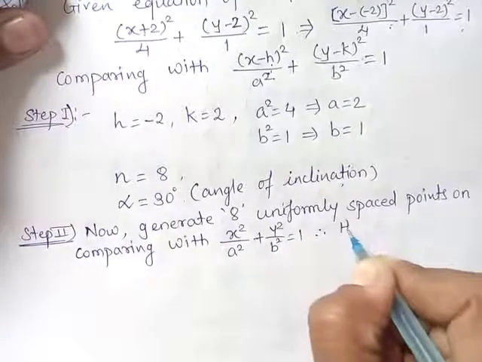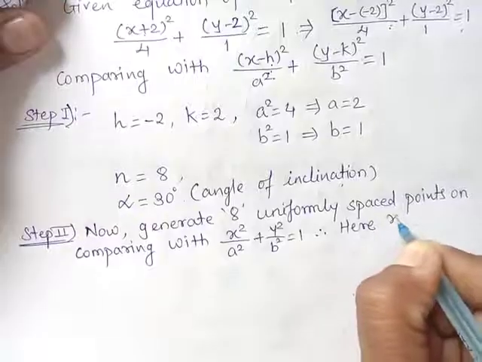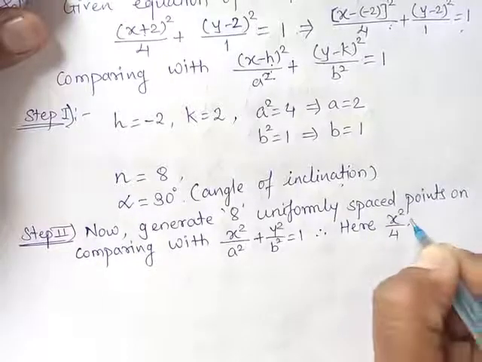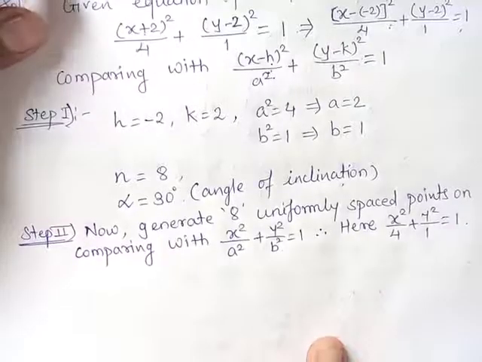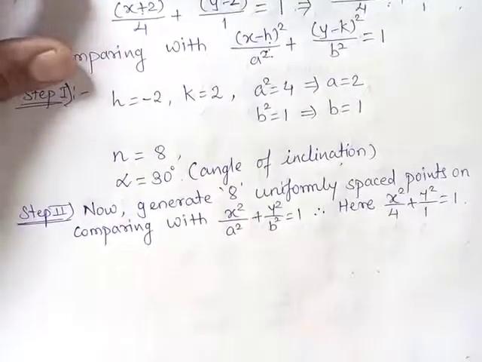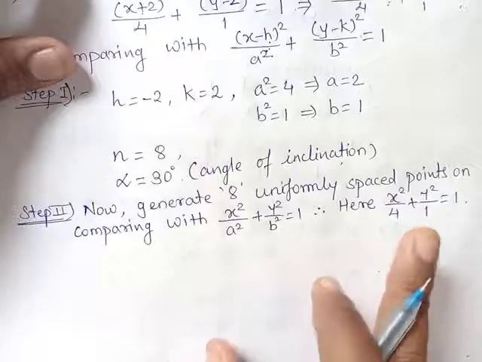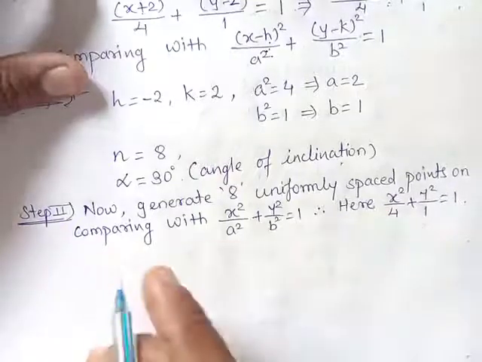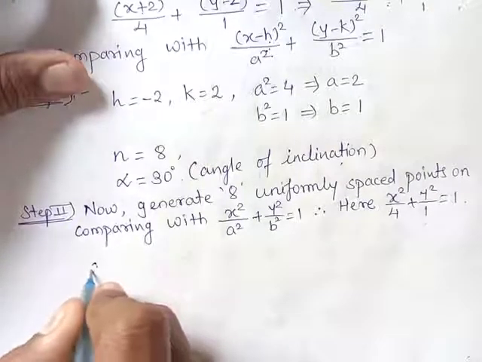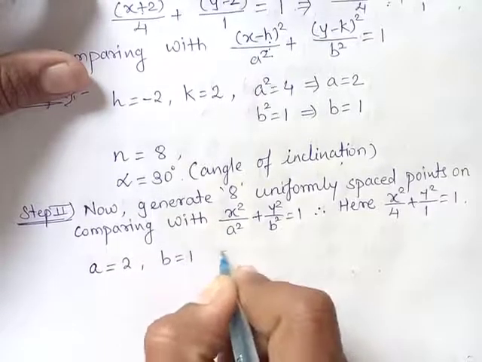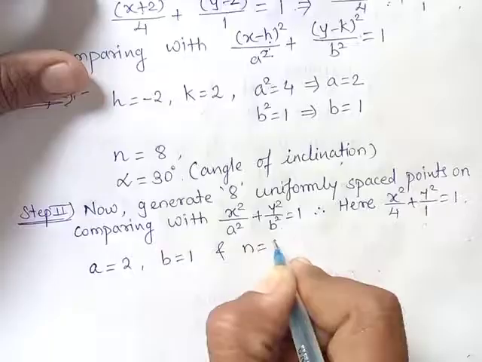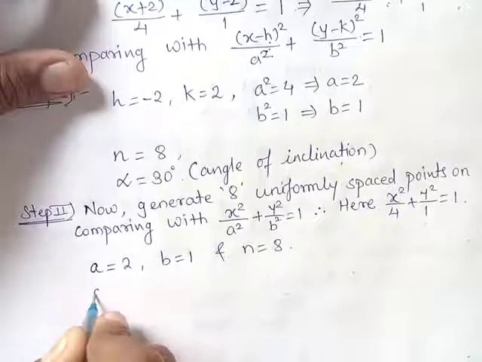Therefore here it is x square by 4 plus y square by 1 equal to 1. Fine. Already in the previous video the same example we had worked, but here also we will work on it. Here a is 2, b is 1, and n is equal to 8.